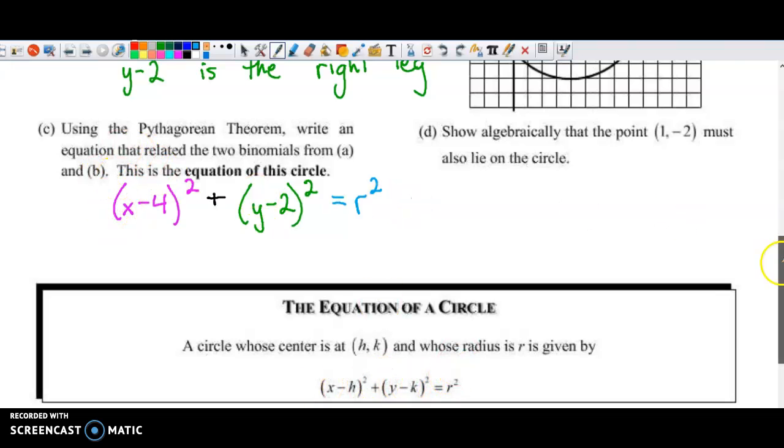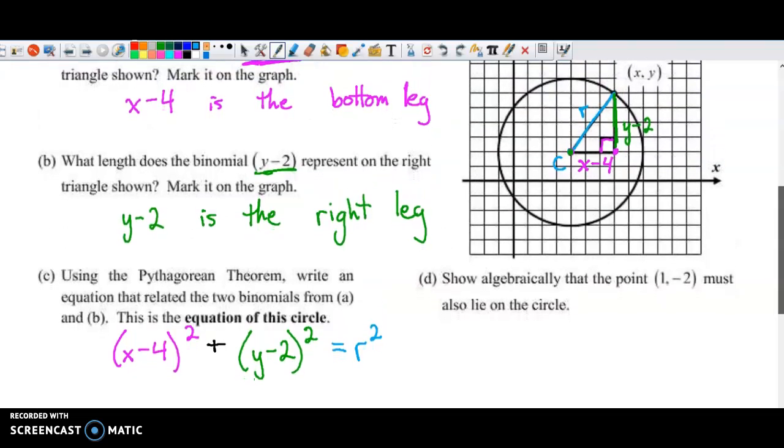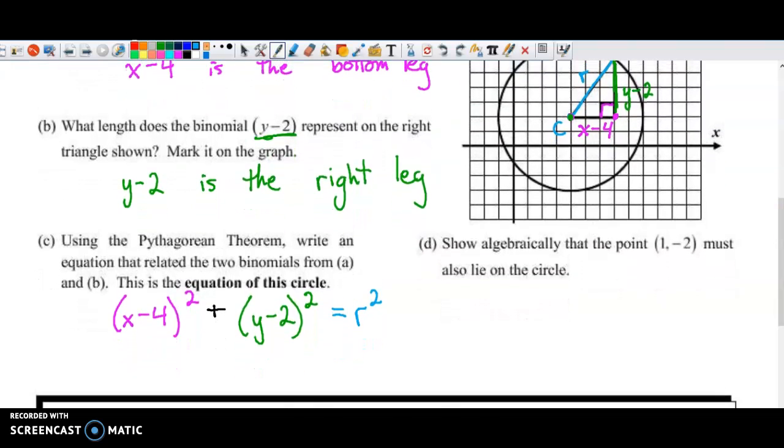Oh yeah, we do. I was thinking of the square root. I'm sorry about that. So what you should notice though is if we know the radius in the problem, which they told us is going to be 5, and you can tell from the origin, counting from the center, we can count 1, 2, 3, 4, 5 to the left, 5 down, 5 to the right, and 5 up.